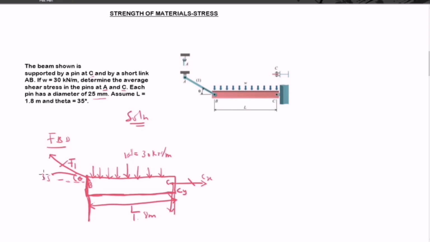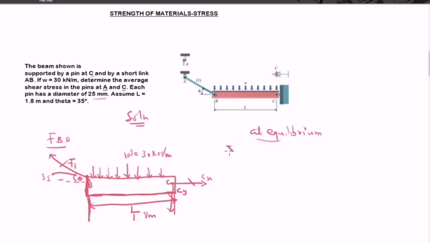Now, how do you go about that? In this case, at equilibrium condition, we need to find the reaction forces. All right. So for the reaction forces, we are assuming that the beam is at equilibrium.